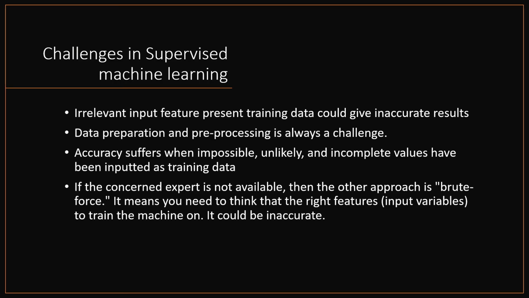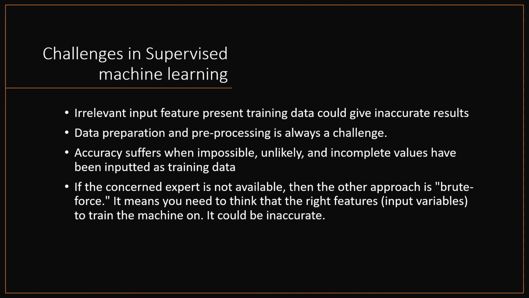Now we need to understand the challenges in supervised machine learning. Having gone through the different types and understanding the basics of the supervised learning approach, certain factors you would have understood by now. That is, irrelevant input features present in training data could give inaccurate results.